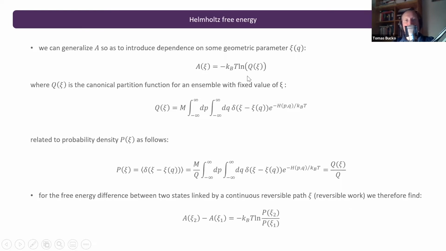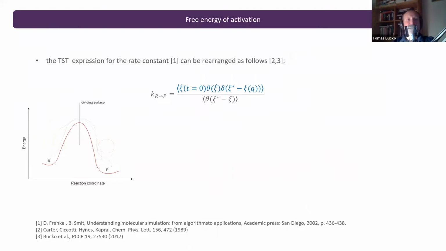Combining these two equations, you can see that the free energy difference between two states characterized by different values psi2 and psi1, which are connected by a path assumed to be reversible, can be computed from probability densities. So probability densities and free energies are closely related quantities.